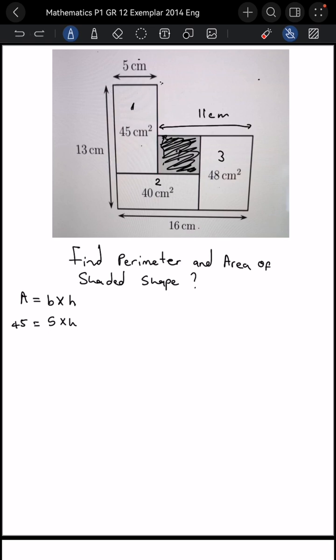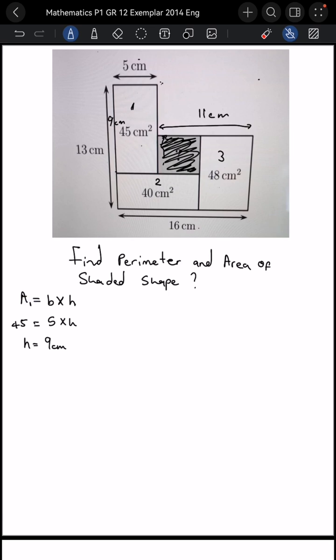Divide both sides by 5. The height is going to be 9 centimeter. So this here, all the way here, is 9 centimeter. Maybe I can put it better by putting it inside, that this here is going to be 9 centimeter. We can remove this one. Okay, that is 9 for starters. This is area number 1.